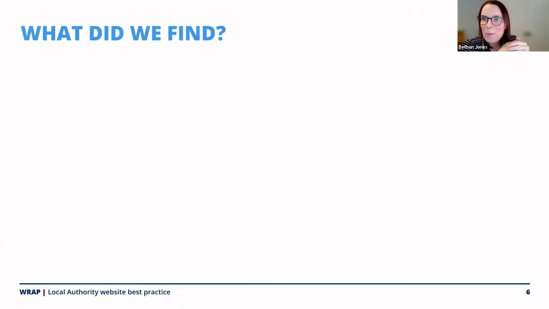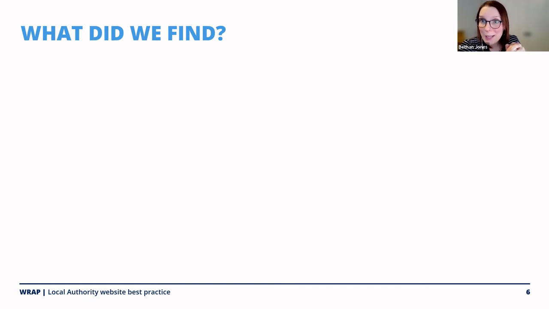We looked at things like breadcrumbs, where you can have the little navigation to help you move back and forth. Things like translation support, which are more important for some local authorities than others, and variety of methods being used. And we looked at how normative messaging is being used on those websites as well. So lots of different common tools we looked at.